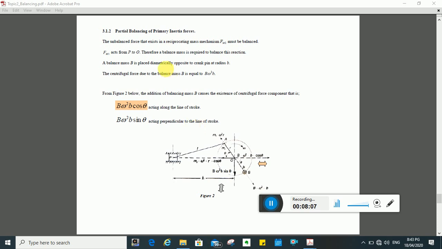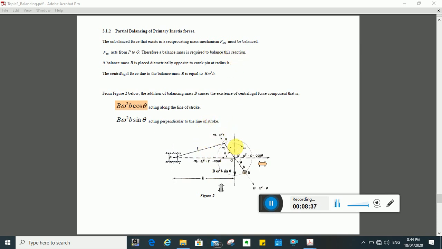The unbalanced force that exists in a reciprocating mass mechanism, Fm1, must be balanced. Fm1 is acting from O to P, from O to P. Therefore, a balanced mass is required to balance this reaction.